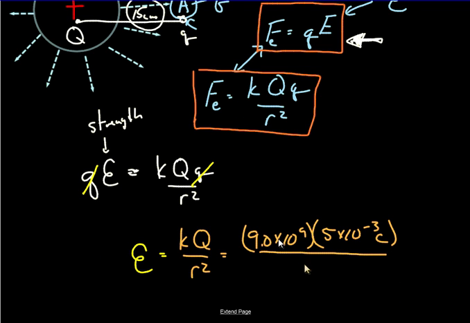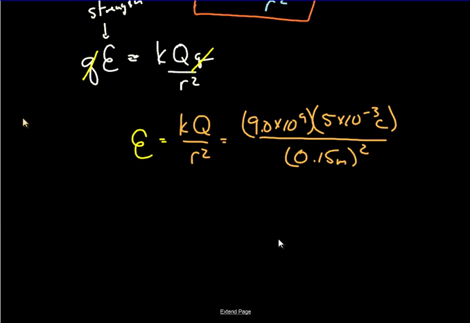And we are 15 centimeters away. Do you think it's going to be a large or a small amount of field strength? Okay, so this gives you a very massive value. So you get 2 times 10 to the 9 newtons per coulomb. Okay?